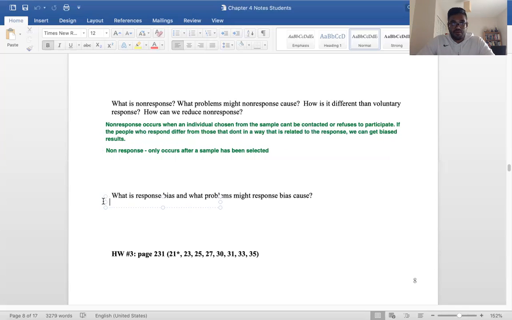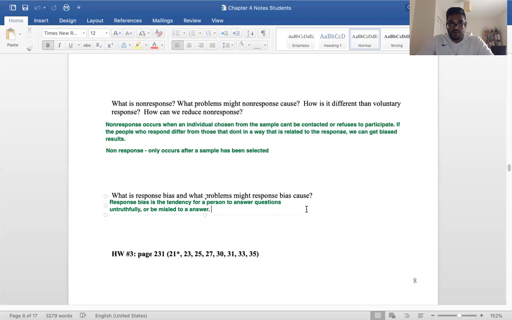Last thing, what is response bias and what problems might it cause? Response bias is the tendency for a person to answer questions untruthfully or be misled to an answer.